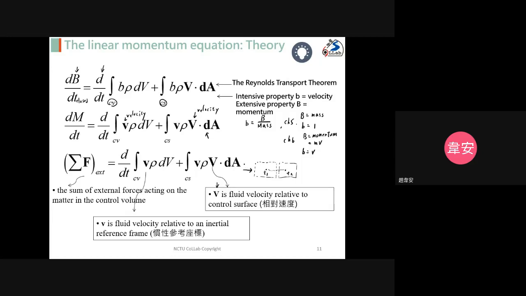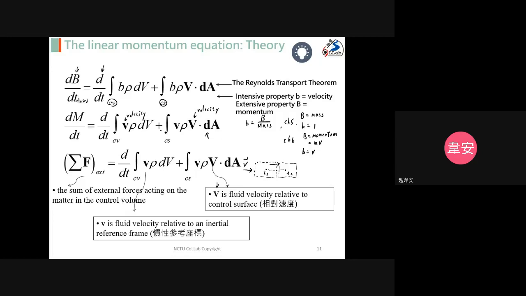So even with the same velocity here, there is a relative velocity because the control surface also moves with time. So the relative velocity V to the control surface will change if our control volume changes with time.